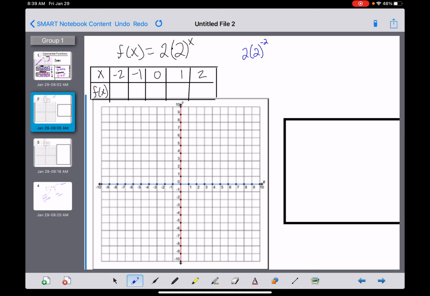Remember, a negative exponent does not mean it's going to be a negative number. It means it's going to be a fraction. So I could rewrite this as 2 times 1 over 2 squared, making my negative exponent positive. So I have 2 times 1/4, which is a half.